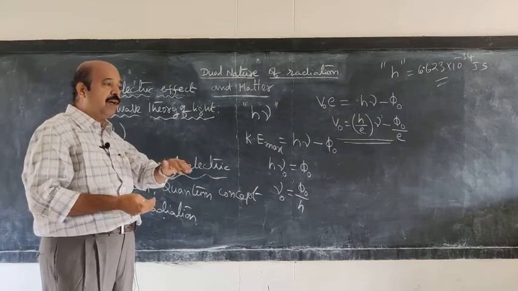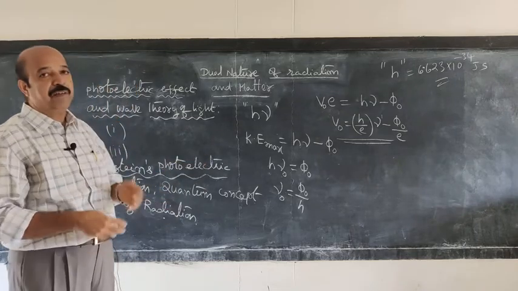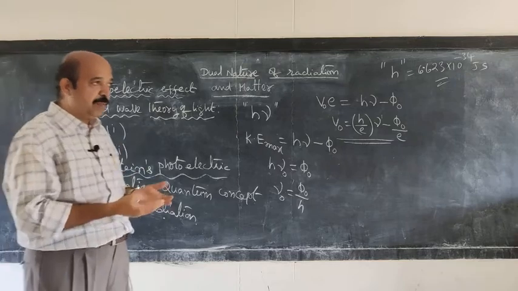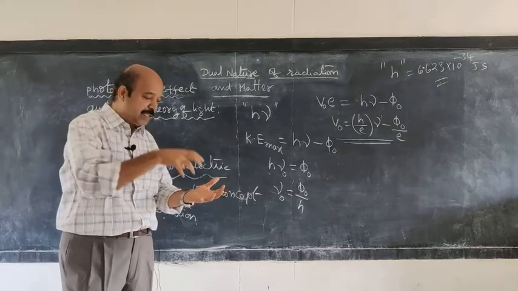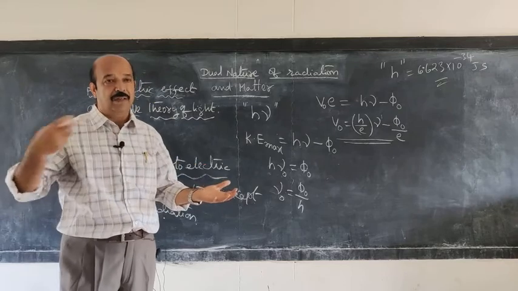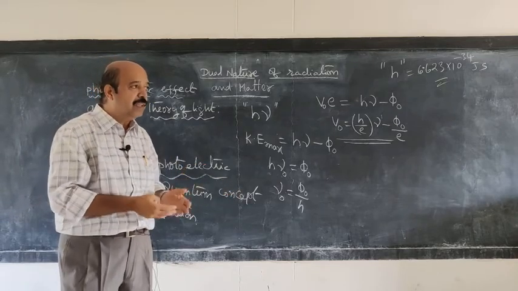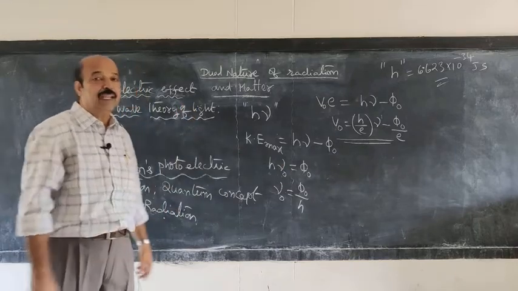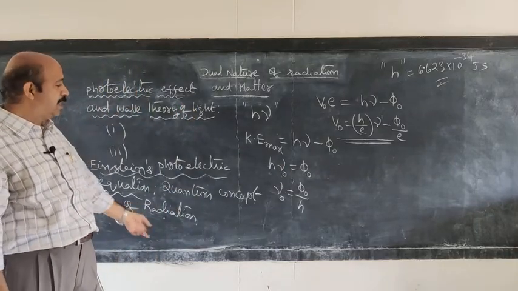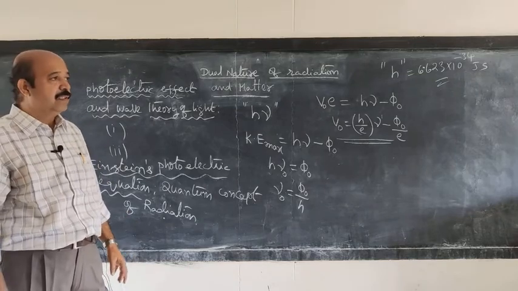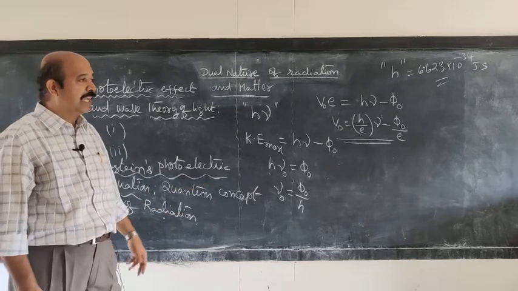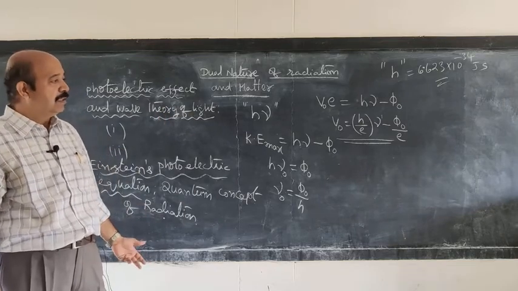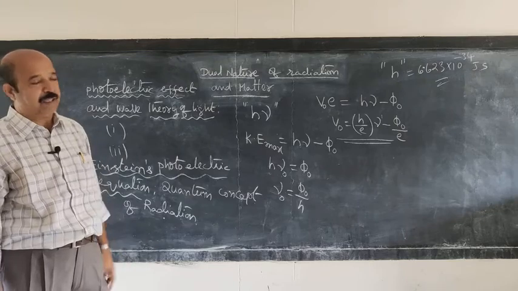In terms of the particle behavior of radiation, the intensity means the number. So more intensity means more photons are incident on the metal surface, hence more electrons are produced. In that way, the relation between intensity of the incident radiation and the photocurrent can be explained. So like this, Einstein's photoelectric equation explains all the laws of photoelectric effect observed by scientists experimentally.